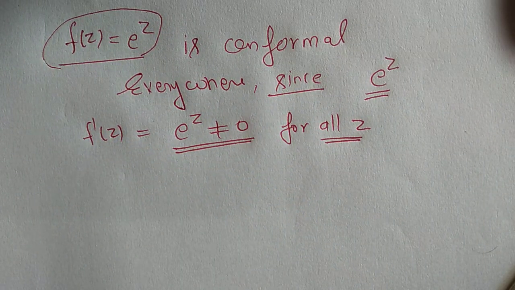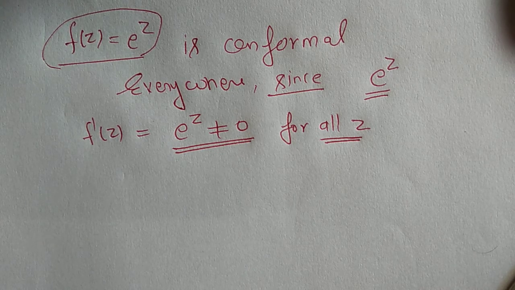The necessary condition for w equal to f of z to represent a conformal mapping is that f of z should be an analytic function. So the analyticity of the function is a necessary condition for conformal mapping.